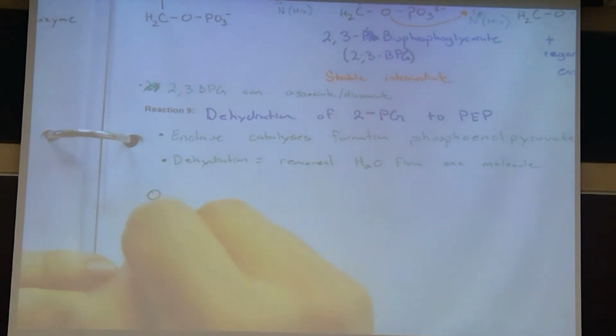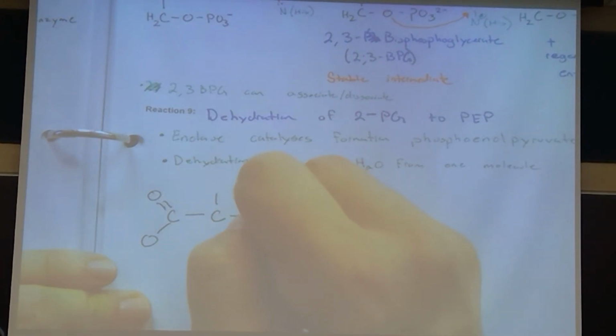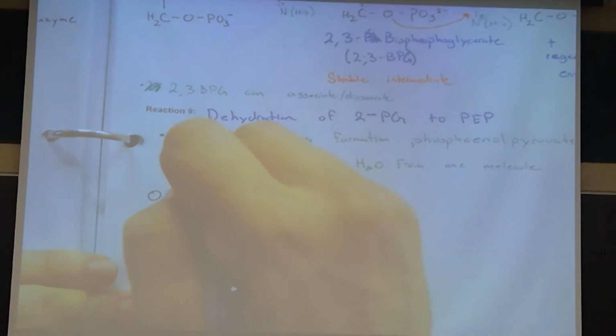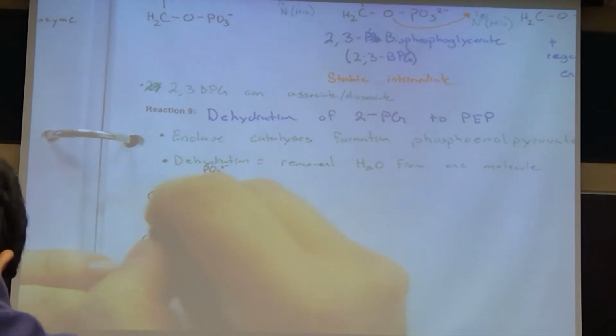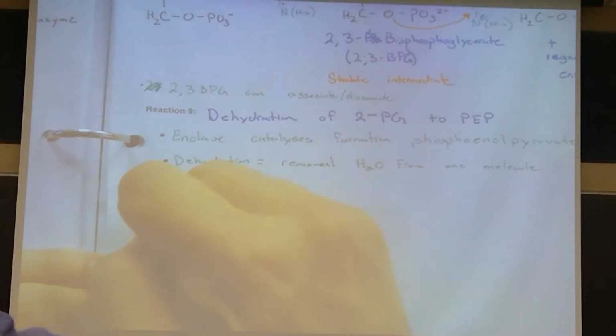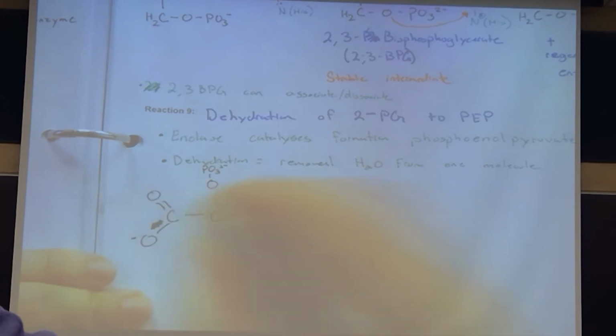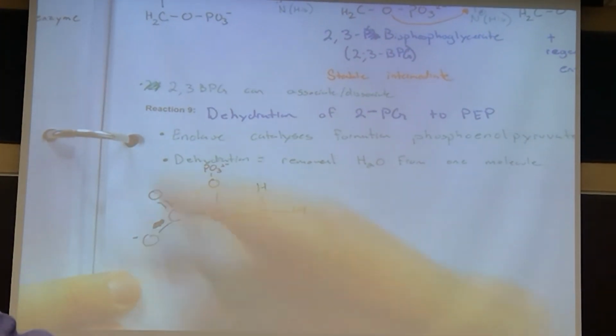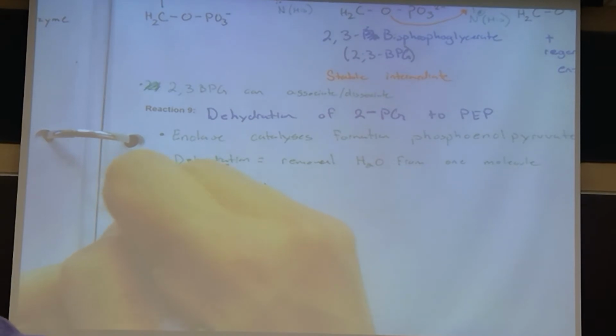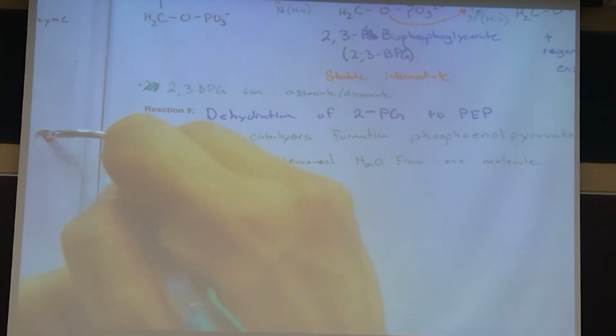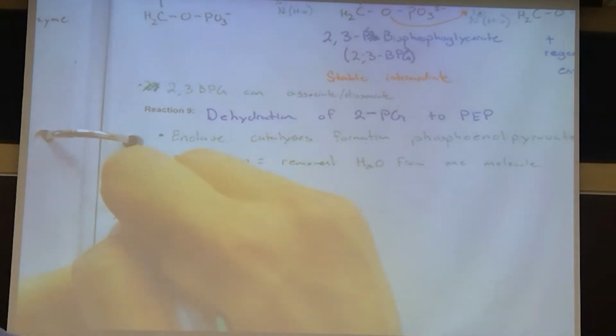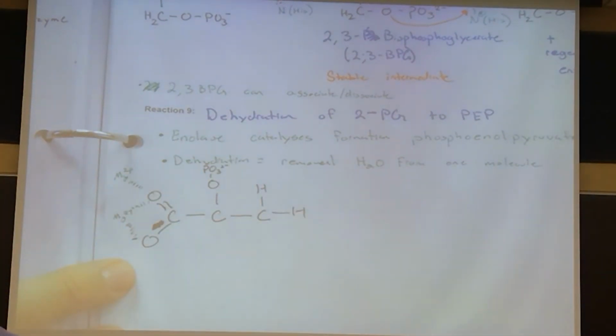So, enolase reaction, what does this look like? Carbon doesn't do that. This enzyme is stabilized at the active site by two divalent magnesium cations.